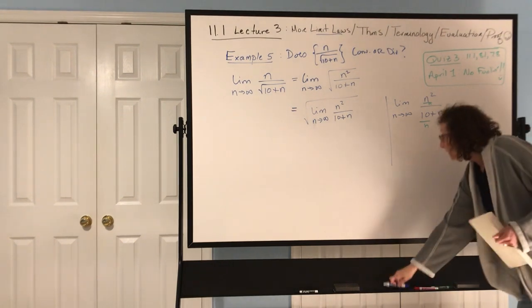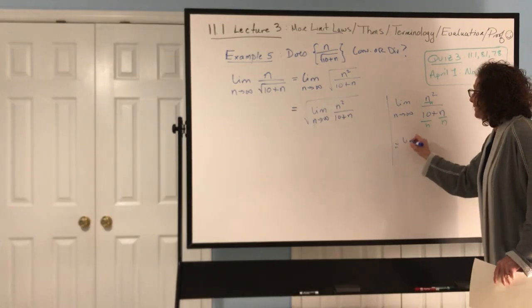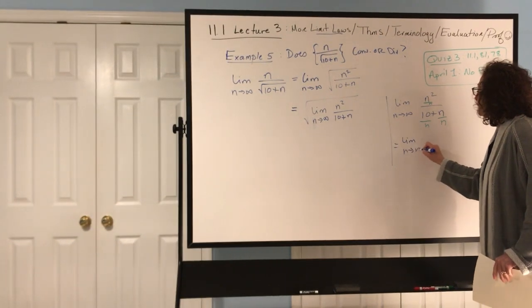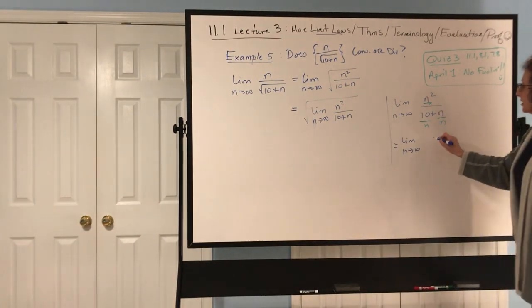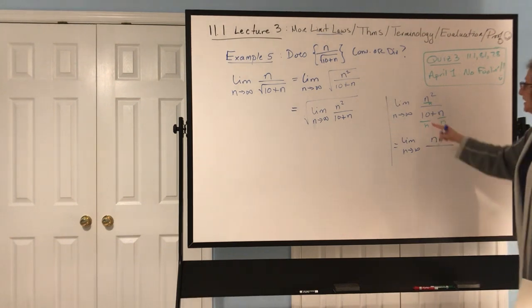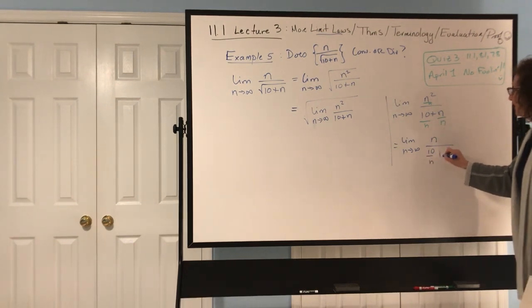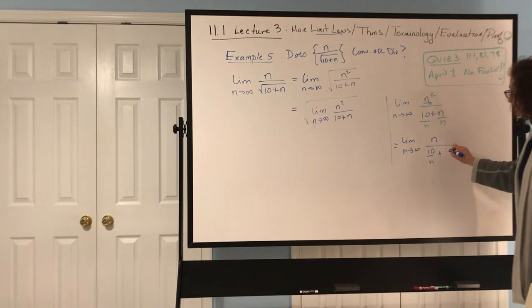And so then what do I get? This becomes the limit as n goes to infinity. n squared over n is just n, very nice. 10 over n, n over n is just 1.